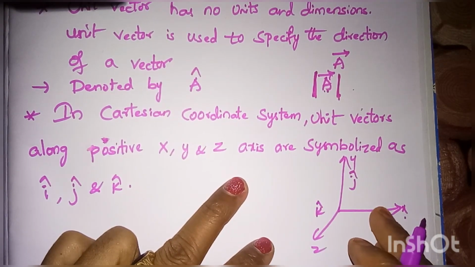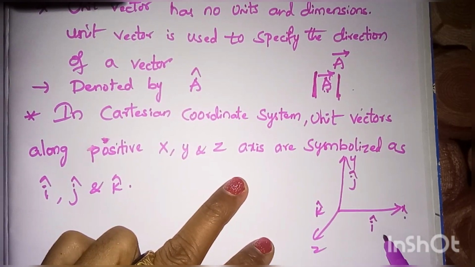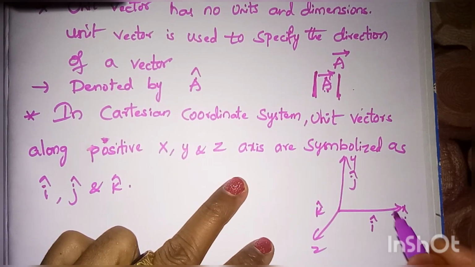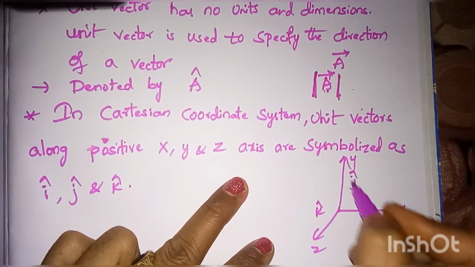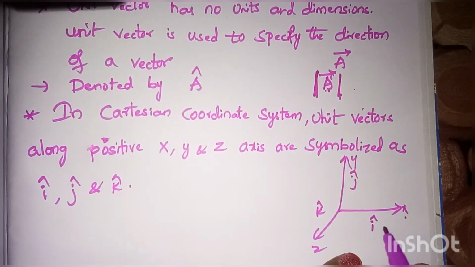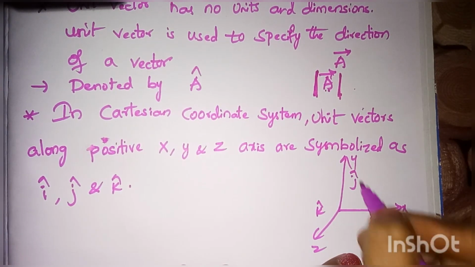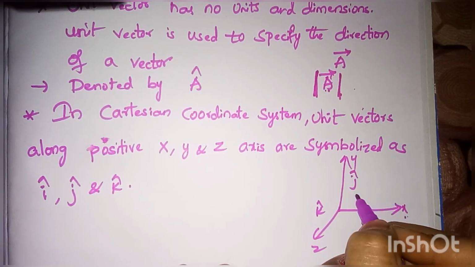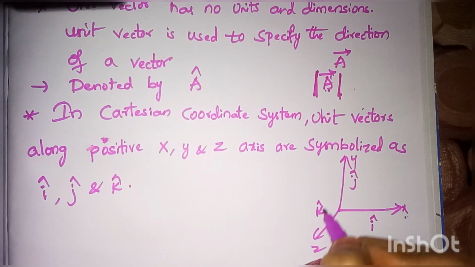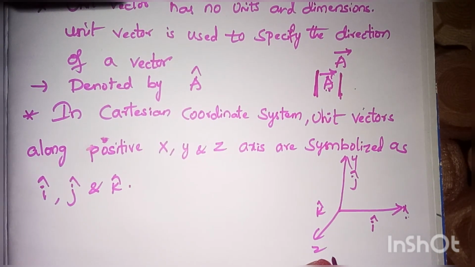I said that unit vectors are denoted with caps. So the unit vectors for the 3 coordinate axes, the positive x, y, z axes, are i cap, j cap and k cap. For the x axis the unit vector will be i cap, for the y axis the unit vector will be j cap and for the z axis the unit vector will be k cap.